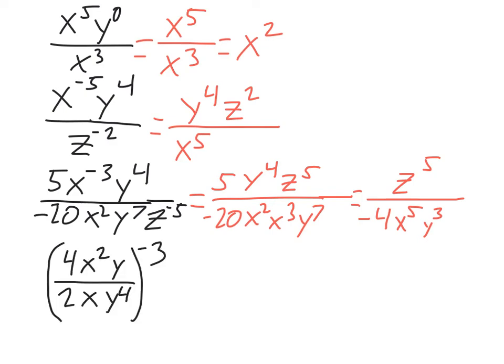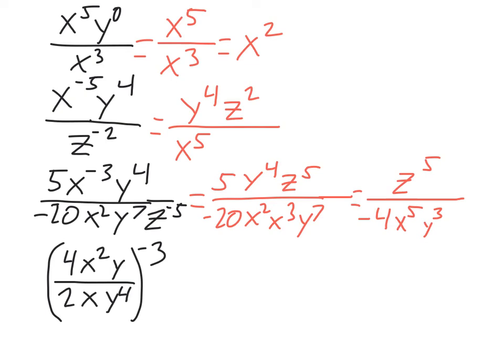Alright, here's the last example I'm going to do. So, say we have this here, and it's all being raised to the negative third. So, two things happen. First, you flip it, and then you raise everything to the third power.